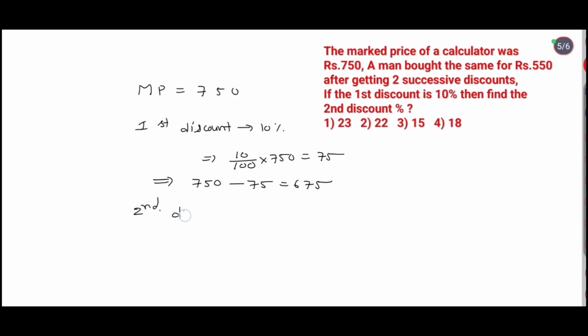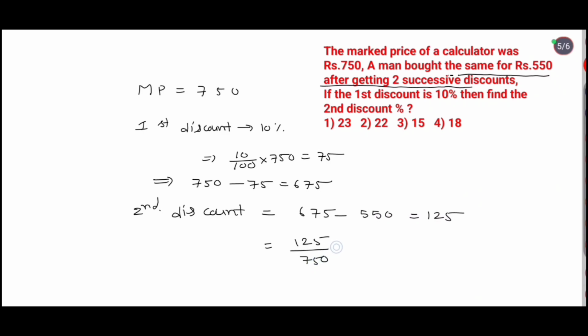So the difference between 675 and 550 is the second discount amount. 675 minus 550 equals the second discount amount. Now find the second discount percentage.